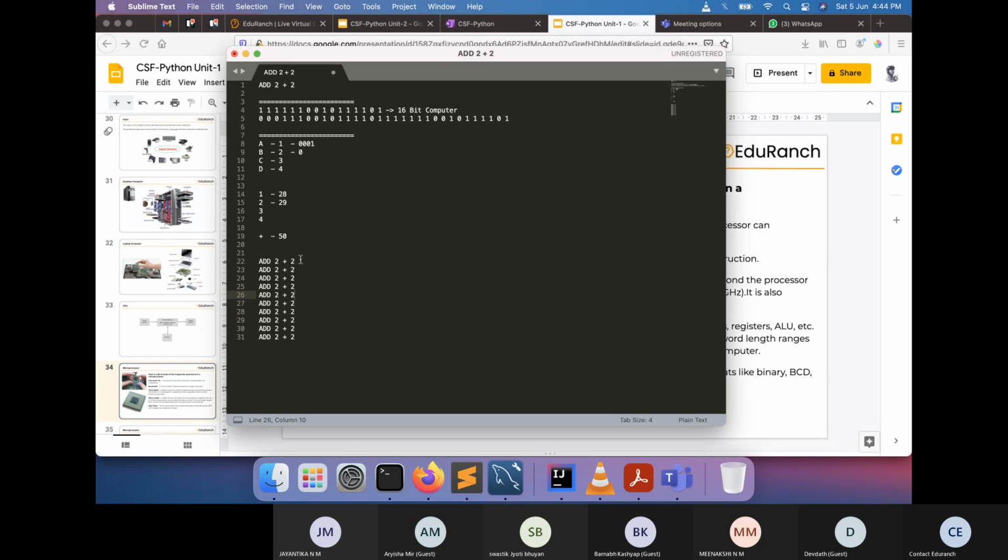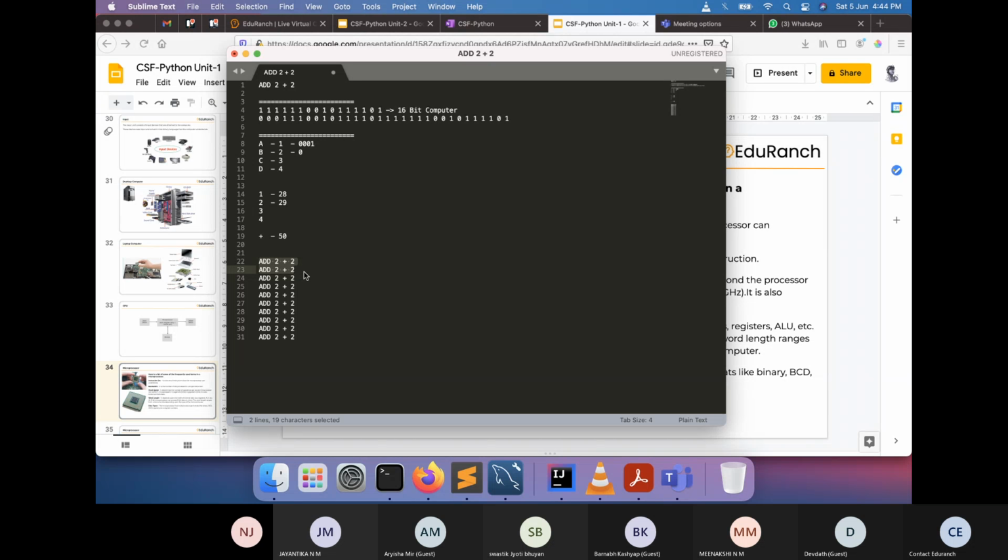That is measured by the clock speed of the processor. If your microprocessor can do 2 instructions per second, my computer's speed is 2 instructions per second. Let's assume that to keep it simple.